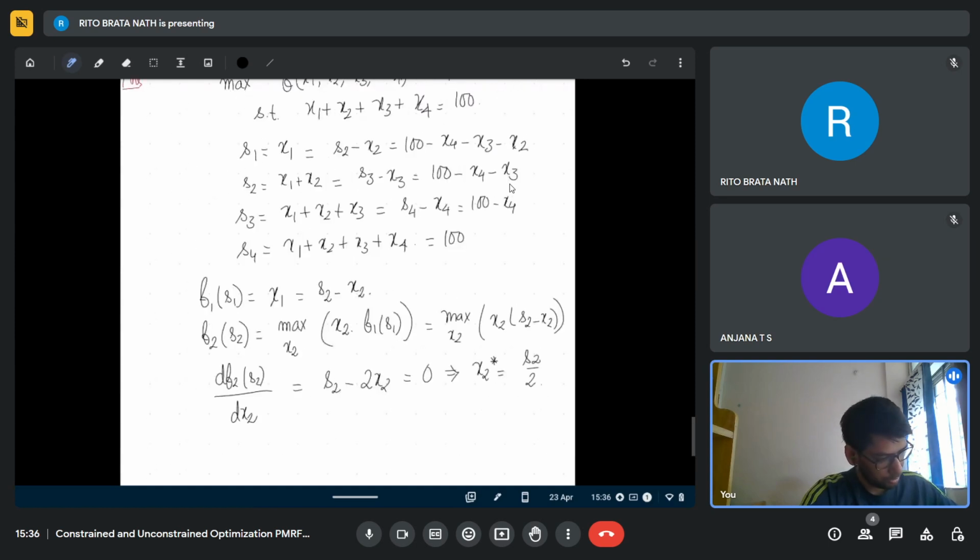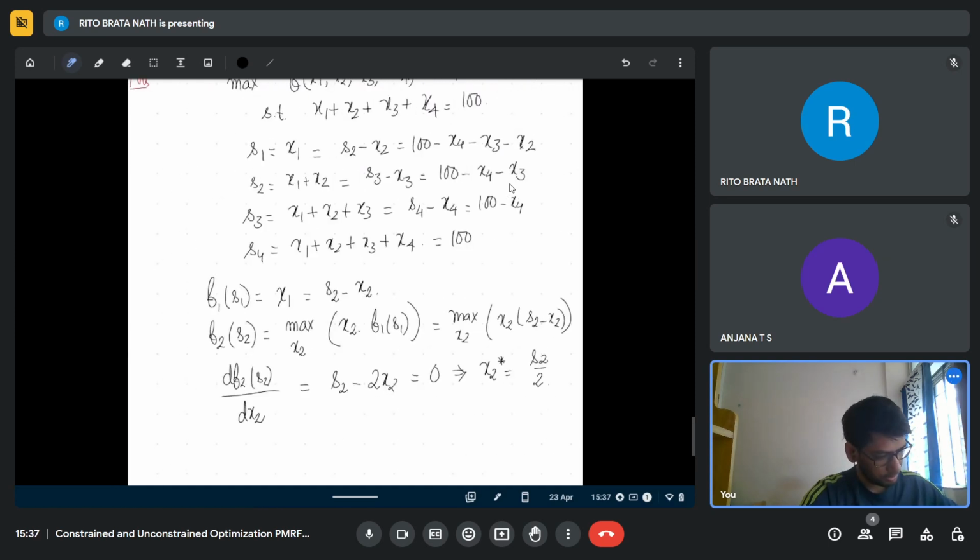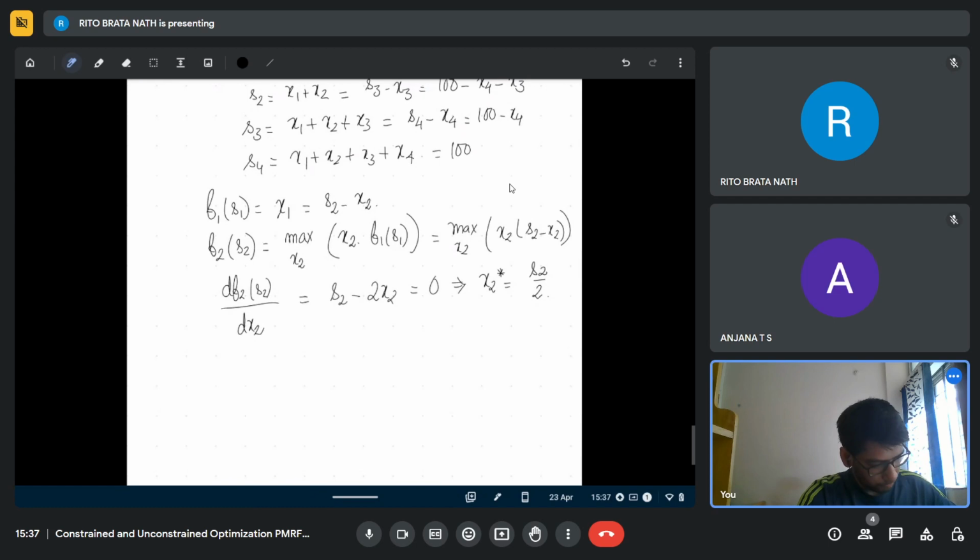Now what you can do, you can set this value. So your x2 is known, so that means your f2 of s2 is x2 times x1.